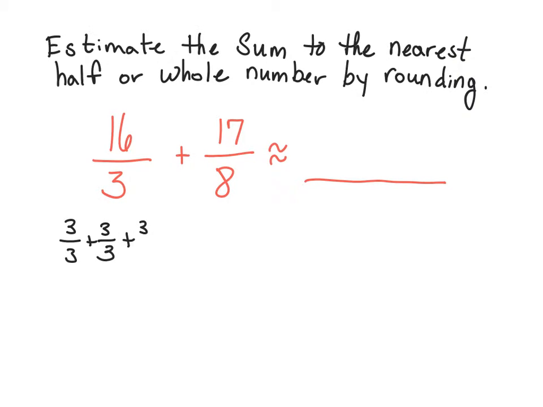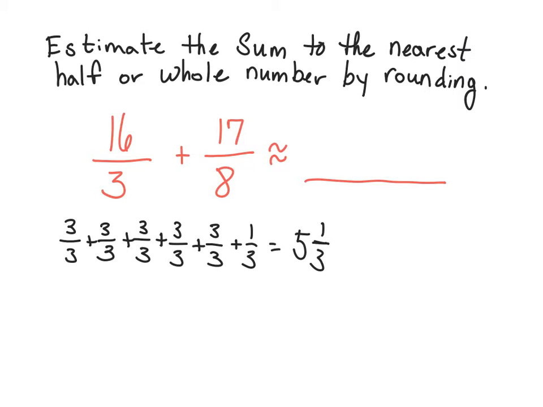And another third, that would give us 9/3. We can continue to go. That would give us 12/3. And we can go up another one to 15/3, which would equal 5, but we have 1/3 left over. So this one represents 5 1/3.